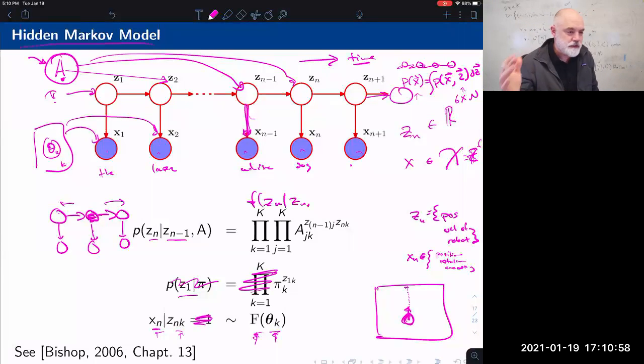But again, I'm not telling you how to do inference in this yet. We won't even talk about the assembly language ways of doing inference in an HMM, but it's really about saying, okay, what is an HMM? What space can Z live in? What space can X live in? So on and so forth. So some more example applications of hidden Markov models, just to give you a sense.